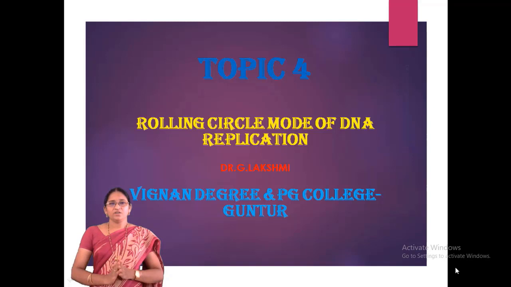Here, during the rolling circle mode of replication, the 3' hydroxyl group is readily available to the enzyme DNA polymerase 3. So, without having any primer, it can replicate and synthesize a new copy of the DNA on the circular template DNA molecule.